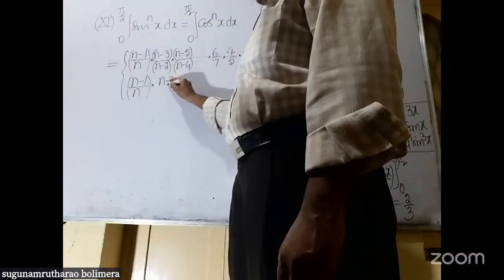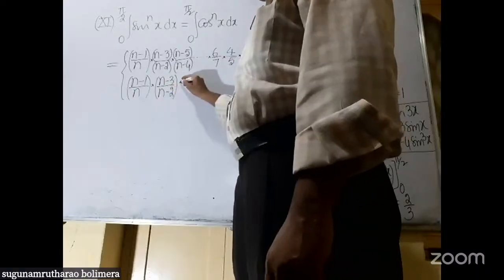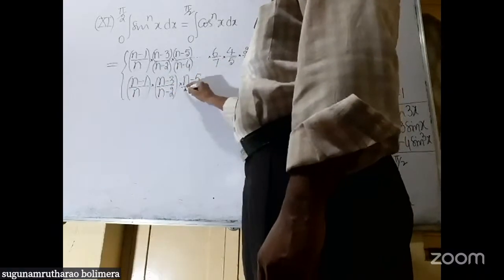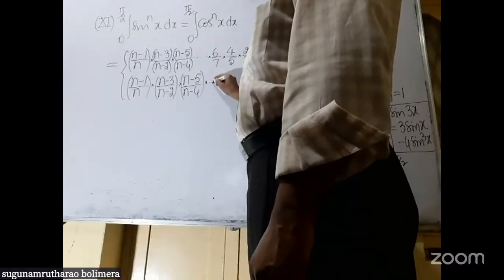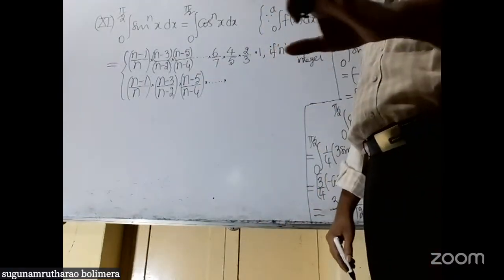Similarly, you can write the same n minus 1 by n into n minus 3 by n minus 2 into n minus 5 by n minus 4 into so on. So there's no change in those terms.